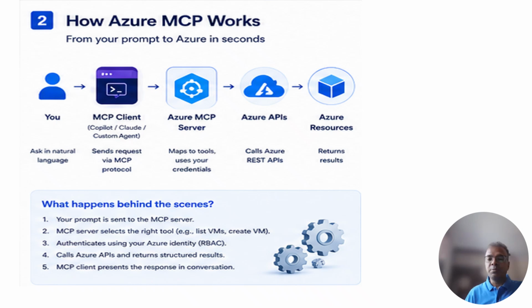And then it will authenticate using your Azure identity, and it will call the relevant Azure APIs, which we are going to see in a couple of examples. And then once it is done, Azure gives back the response, and the large language model does its magic of presenting it in a very user-friendly way. So that's all that is happening in Azure MCP at a high level. Moving on.